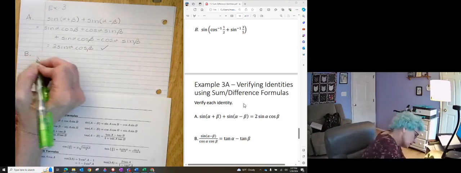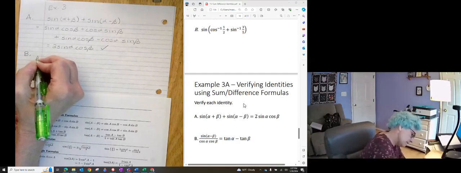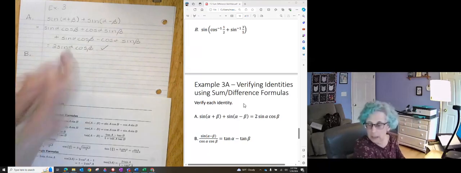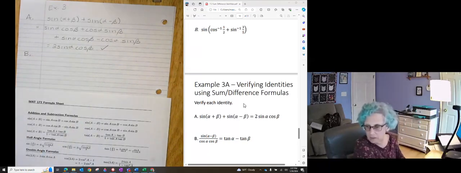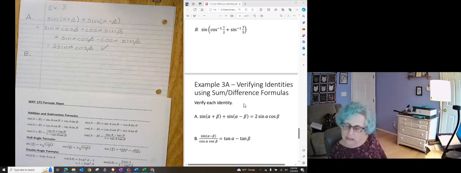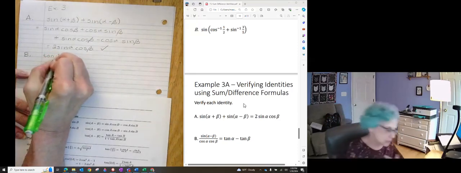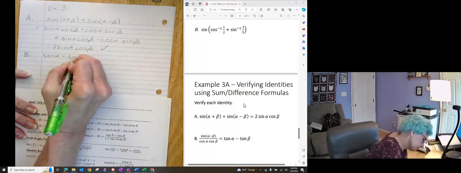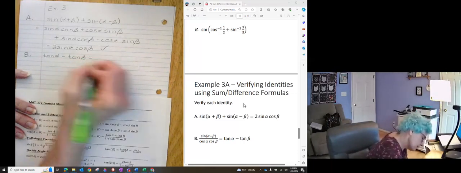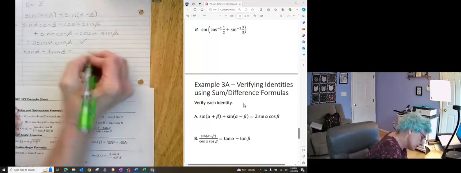And let's see, this was A. Let's look at B. And again, I'm going to start with the more complicated side first. And I think on this one, I'm going to start with tangent of alpha minus tangent of beta.